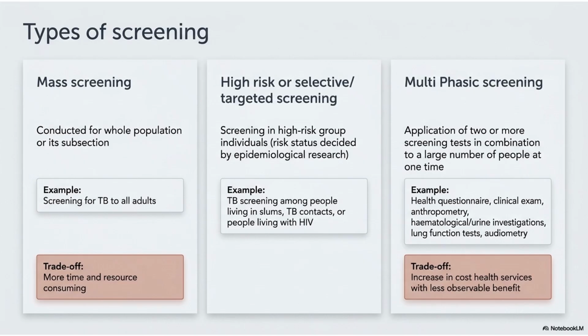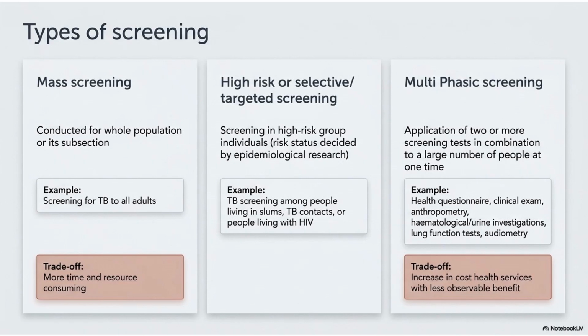So in the same example for TB, we will not screen all the adults who are residing in Warangal, but we will only screen adult people who are living in slums, who are living in overcrowded homes, who are having contact with TB patients either in the workplace or in the home, or people living with HIV. Only this high risk category we will keep, and only the population fitting into this high risk category will we screen for TB in the second group, high risk screening.